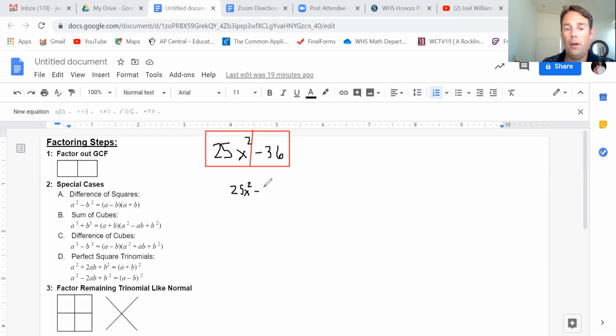So now I'm asking myself, are these two numbers perfect squares or perfect cubes? So let's remind ourselves what a perfect square is. A perfect square, that's something where the number can be multiplied by itself 2 times. So some number multiplied by itself 2 times, that's a perfect square.